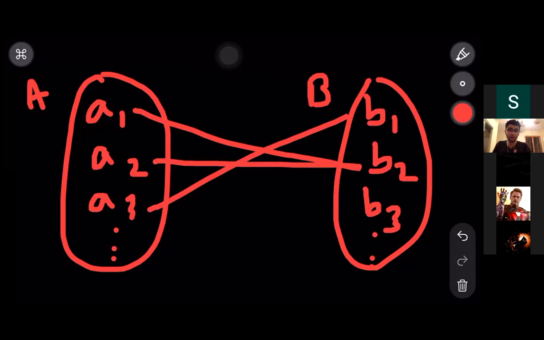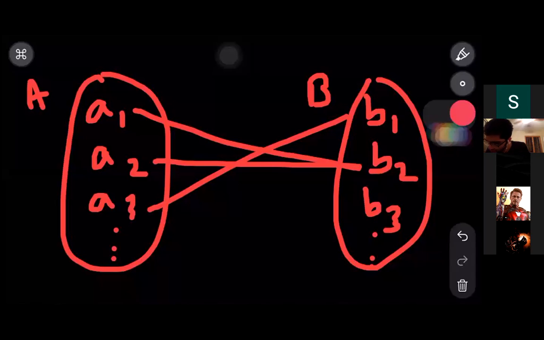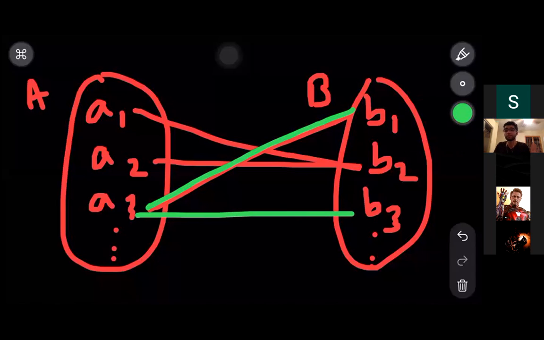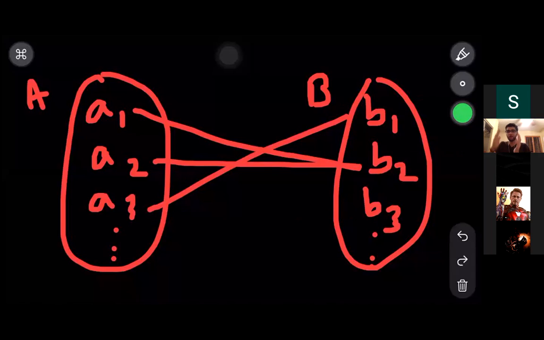What is not allowed is one object being mapped to 2 different elements. For example, I am not allowed to do this. I cannot map A3 to B1 and also to B3. This is not allowed. You can just map to one object. So f of x will be only one thing. You cannot say f of x will be 3 as well as 4 as well as 5.